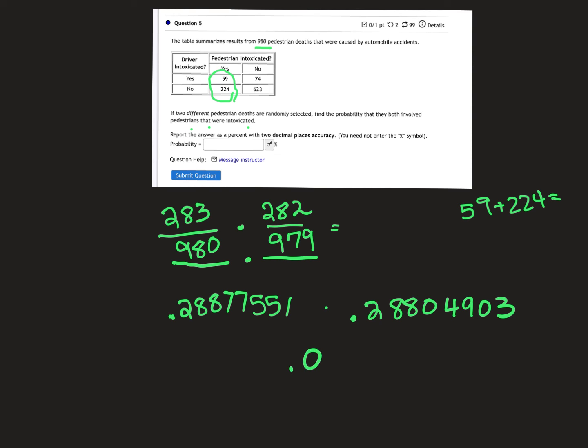We should get 0.08318. Only want two-place accuracy, so that's just going to be, well, two-place as a percent, so it's going to be 8.32%. You don't put the percent sign in there, but this would be the number that they're looking for.